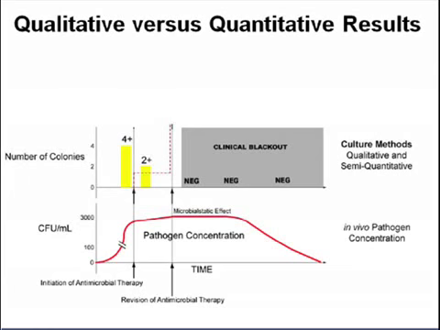Well, this graph above on its y-axis shows the number of colonies that are grown out of the culture taken at different discrete time points throughout this patient's hospital stay. You can see that the organism initially before antibiotic therapy showed as 4+ on the culture result.